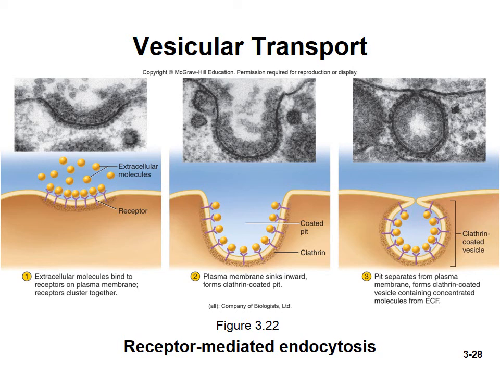The molecules were in the extracellular fluid. Now they're in the ICF, inside of the cell. So clathrin is like an address label. Now, our blood vessels have these LDL receptors. That's why this is associated with receptor-mediated endocytosis.